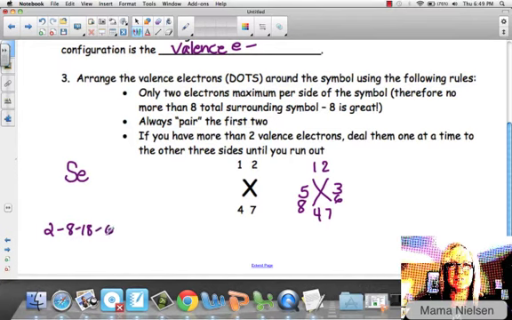All we're interested in is this, and we're going to put dots, 1 for each valence electron. So we're going to go 1, 2, because you always do 2 together first. Then 3, clockwise. 4, 5, that one's filled. 6, 7, 8. Very easy.